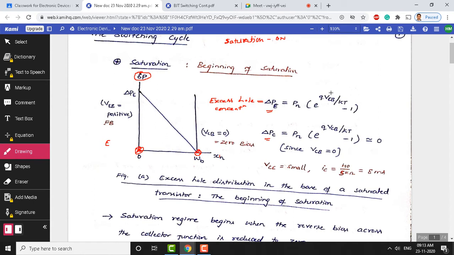Here VB is positive, because you are forward biasing the emitter base junction, and this value is going to be very large. What happens to the exponential when it is large? The total value is going to be very large, right? q is a constant, kT is a constant. For the time being, you can treat all these as constants, and VB is a very large value.